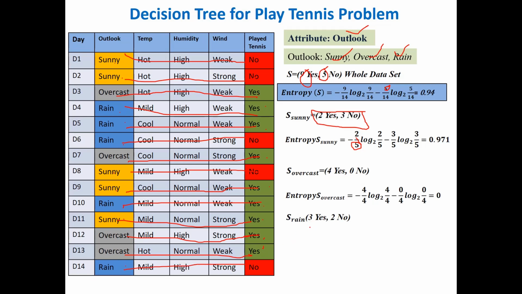So out of these five, three are yes and two are no. So minus 3 by 5 log to the base 2, 3 by 5, minus 2 by 5 log to the base 2, 2 by 5, which is 0.971. That is the entropy of the rain.